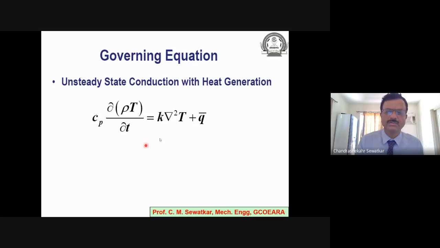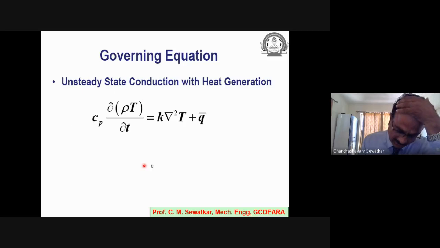We have done away with the convection term in the energy equation. Now we are left with the unsteady term on the left hand side of the equation, and the conduction or diffusion term on the right hand side of the equation plus heat generation. So this is my governing equation in the differential form.